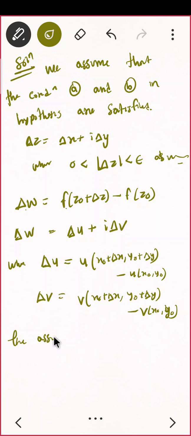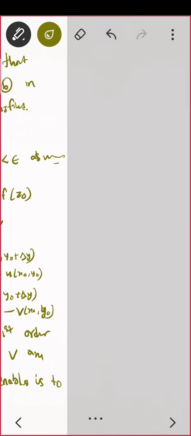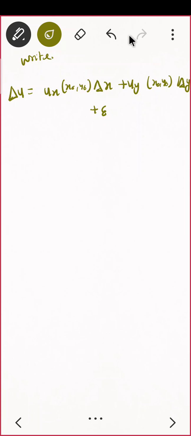The assumption that the first order partial derivatives of u and v are continuous at x naught y naught enables us to write delta u is equal to ux at x naught y naught multiplied by delta x plus uy at x naught y naught multiplied by delta y plus epsilon 1 delta x plus epsilon 2 delta y, and similarly for delta v also.